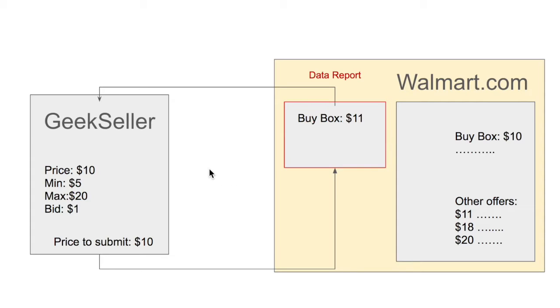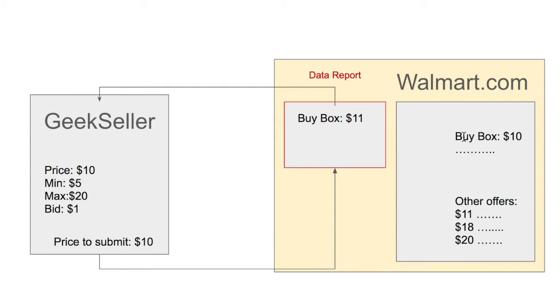So it may happen that GeekSeller will keep trying to read information from the Walmart data report and it will still see that the buy box is 11, right? So GeekSeller will keep submitting this $10, not really knowing that we are already winning the buy box.